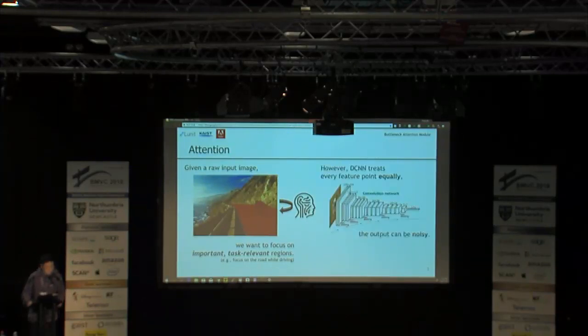But when we look at deep CNN architectures, we do many convolutions on the input images and features, so we treat every data point equally. So the output is usually very noisy. So we thought we could implement an attention mechanism to help the network focus on important parts of the image.